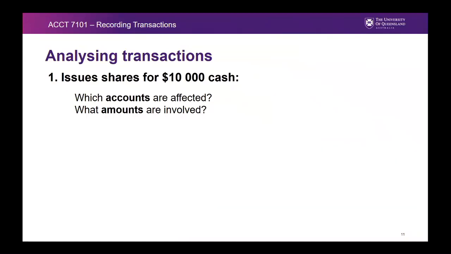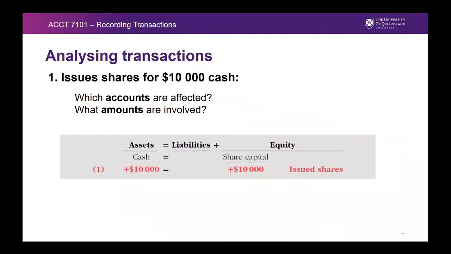So where we're issuing shares for $10,000, we'd have an increase in cash assets of $10,000, and we're issuing shares, so our share capital increases $10,000, and that fits under equity. It's an equity account. Okay? So this is a transaction, and we're just fitting the transaction into our assets equals liabilities plus equity equation.